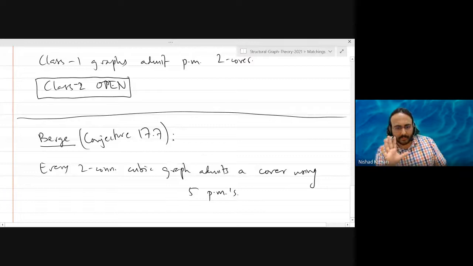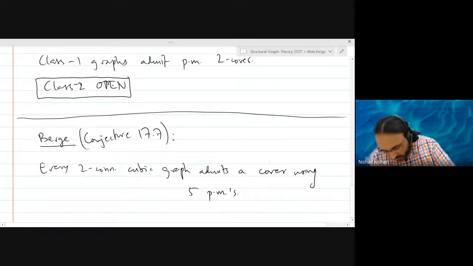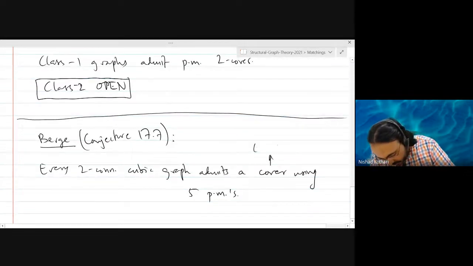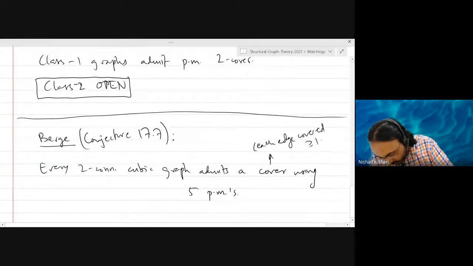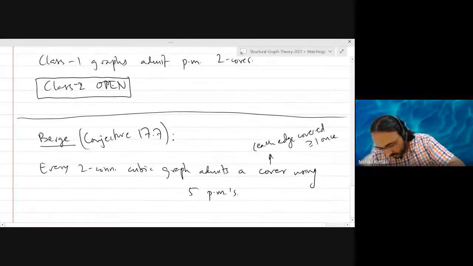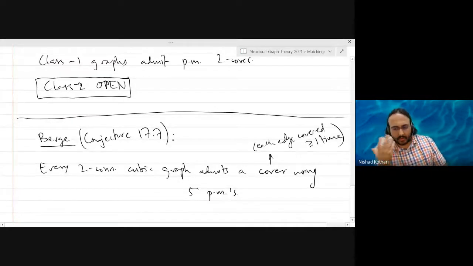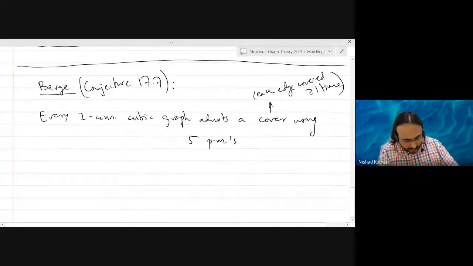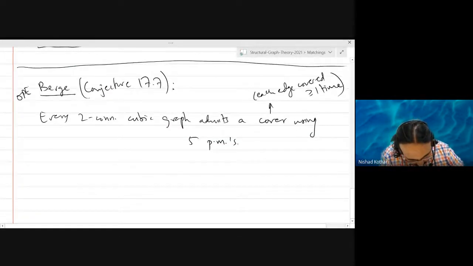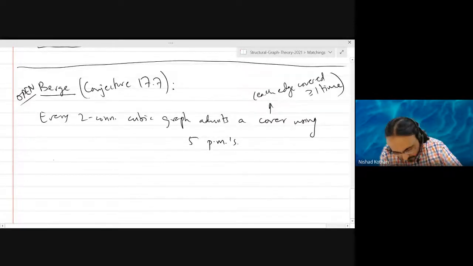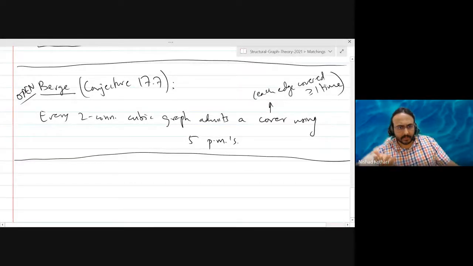So with 5 perfect matchings, you can cover all the edges at least once, right? So each edge is covered at least once. This is actually how we define cover in the beginning. This is also open, right? It's slightly weaker than Fulkerson's conjecture because if that is true, this is true, but not the other way around.